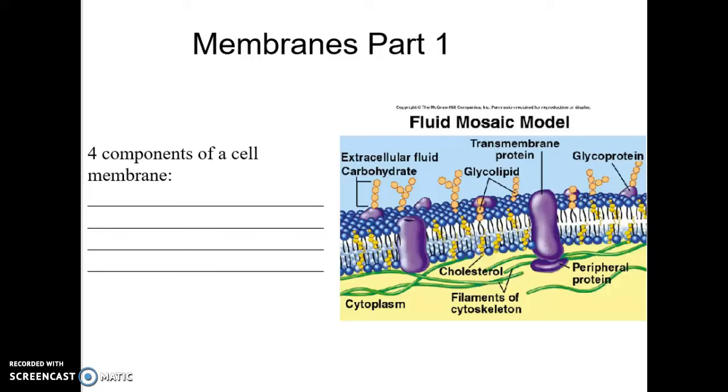When somebody gets a skin graft, if it's not their skin, those surface marker proteins, these cell identification proteins, don't match up to their body, so then the immune system attacks it. So cell surface markers are an incredibly important structure to allow cells to work within a multicellular organism. So we'll explore these different features as we go through the cell membranes.